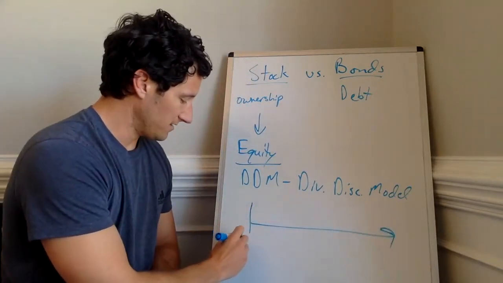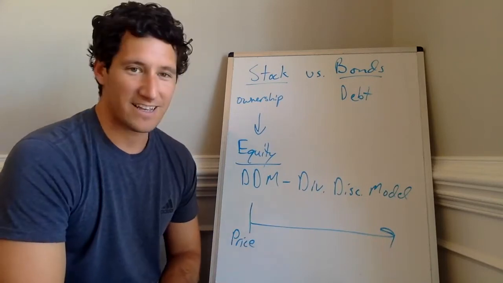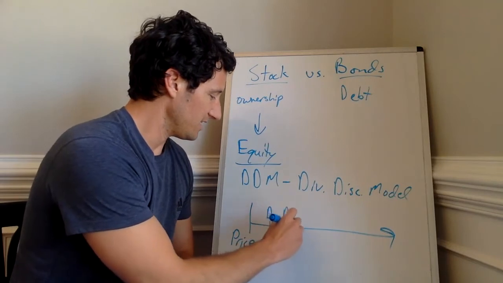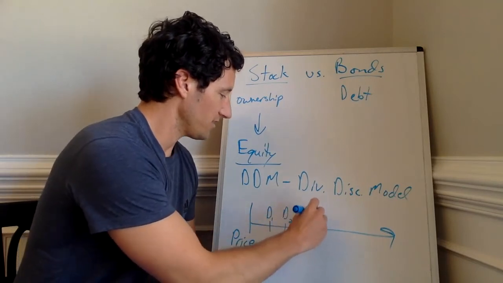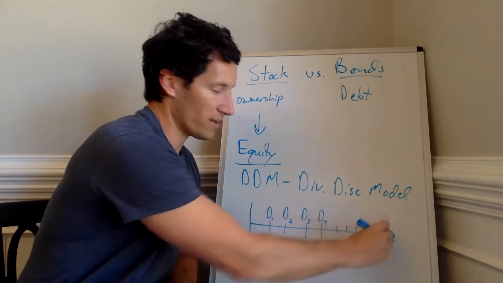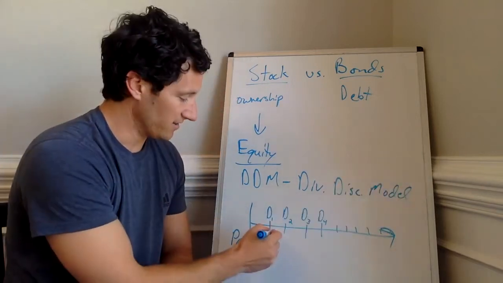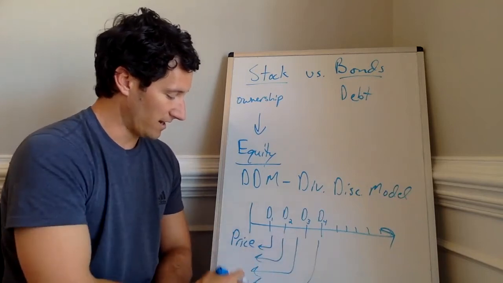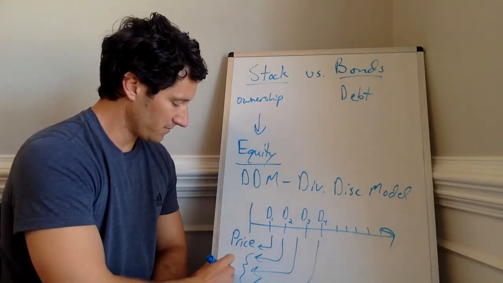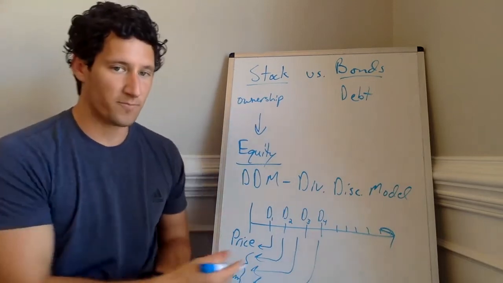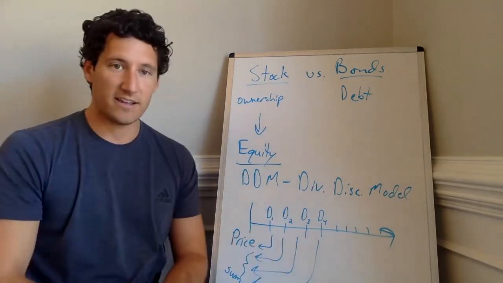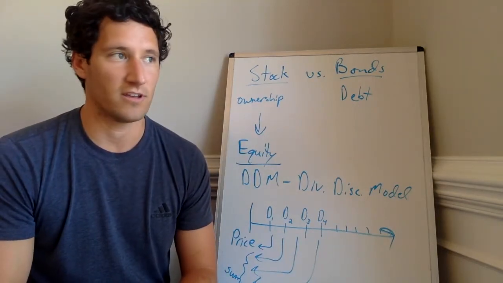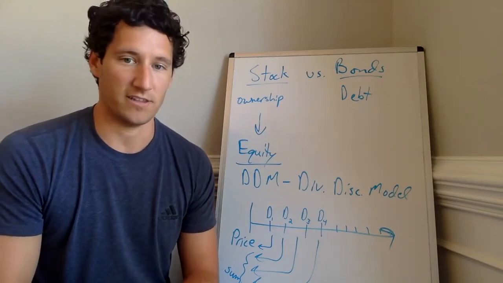The price of a stock today is worth all of these dividends into the future, all the way down forever and ever, as long as you're going to get these dividends, all of them discounted back and added up. So you find the sum of each of these dividends today, and we're saying that's what a share of that company's stock is worth. Okay, so that's the logic behind this. That's how we're going to do it.